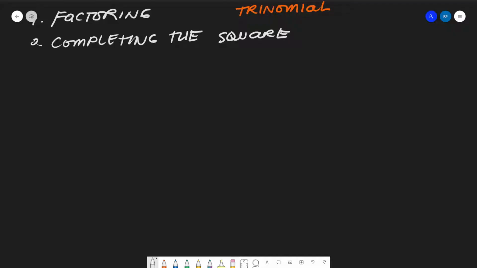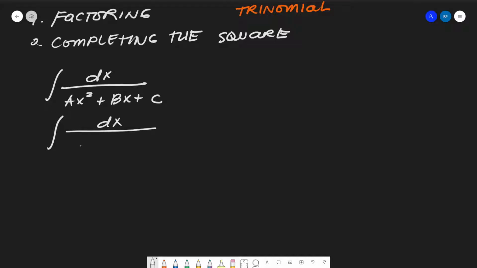So ano ba yung mga form natin ng integrands involving quadratic equation? Kapag may ganito tayo, this is one. Then another one is kapag ganito. And last is ito.